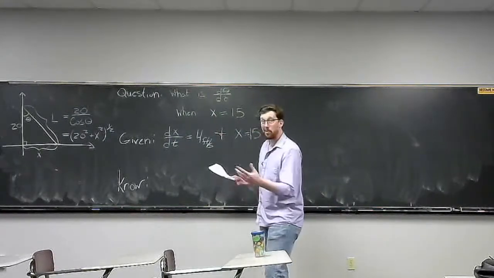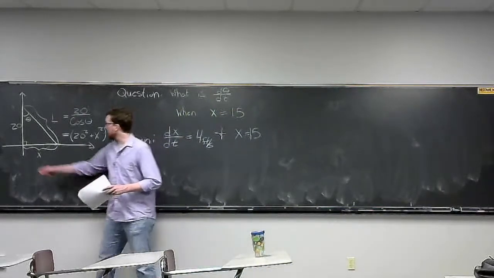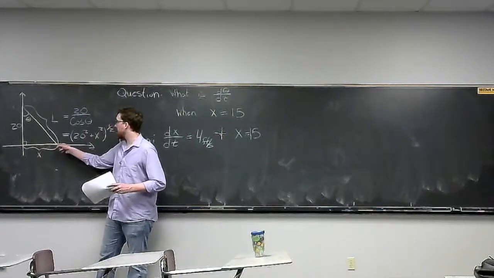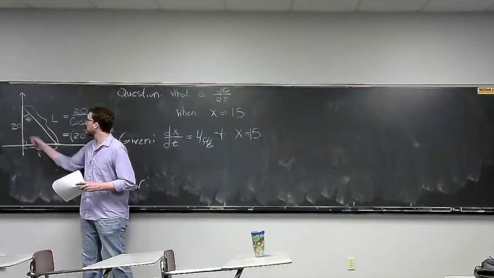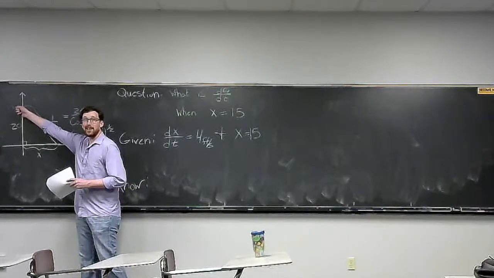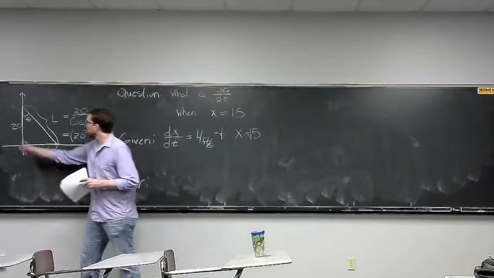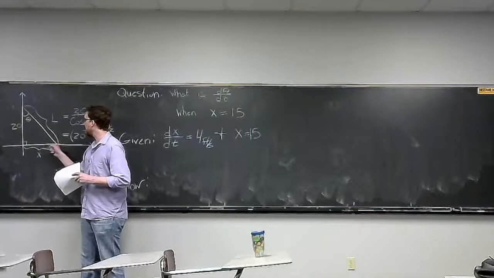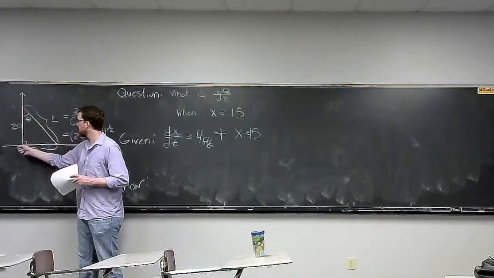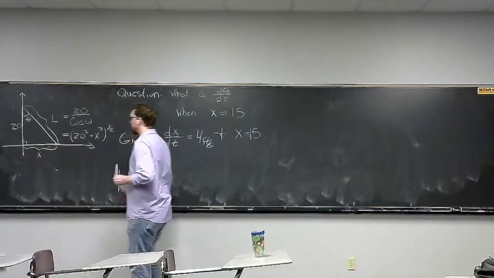But just to give you a rough idea, the man is walking along this path down here. The point closest to the light, that would represent this vertex up here, is 20 feet away. So the point along this path closest to this vertex, this bottom corner here, is 20 feet away.